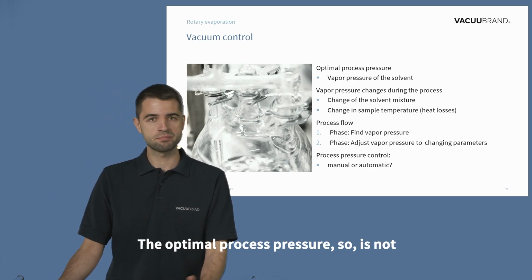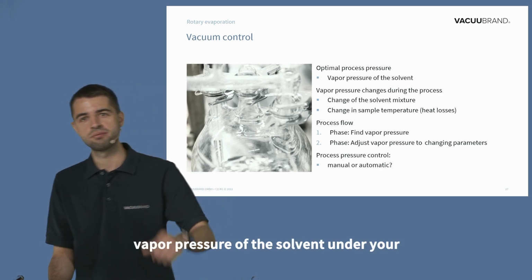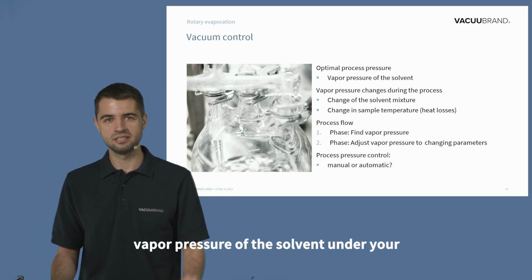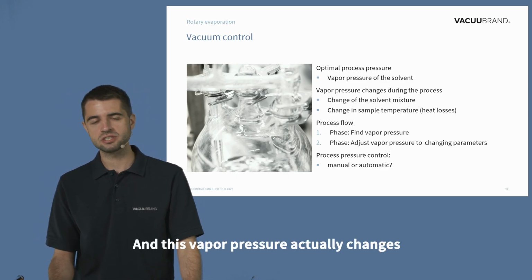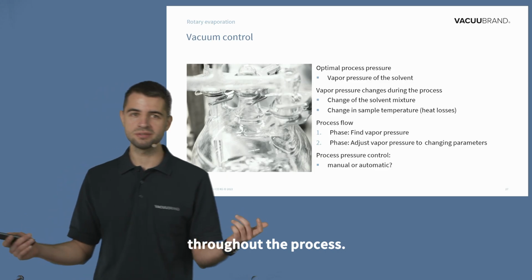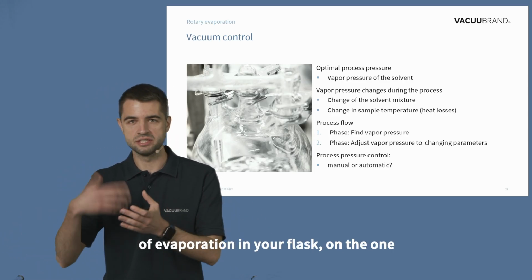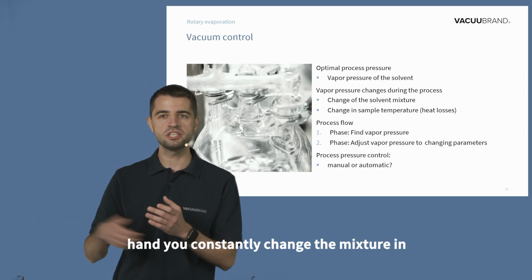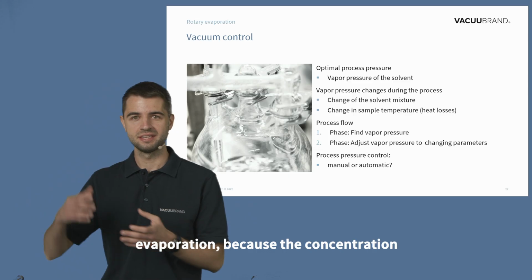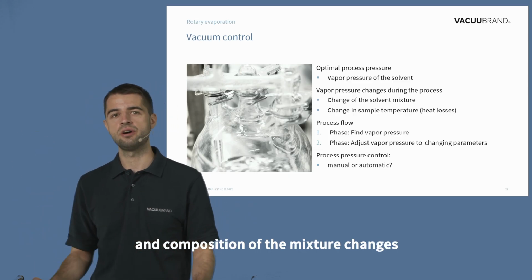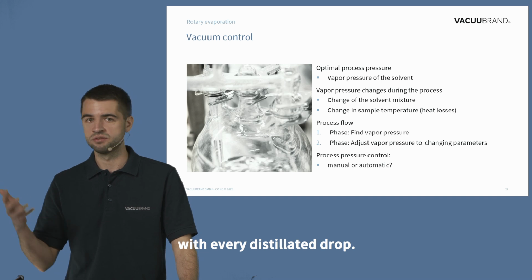The optimal process pressure is not the lowest pressure, it's the actual vapor pressure of the solvent under your specific process conditions. And this vapor pressure actually changes throughout the process. Because on the one hand, when you think of evaporation in your flask, you constantly change the mixture in the sample flask because of this evaporation, because the concentration and composition of the mixture changes with every distilled drop.